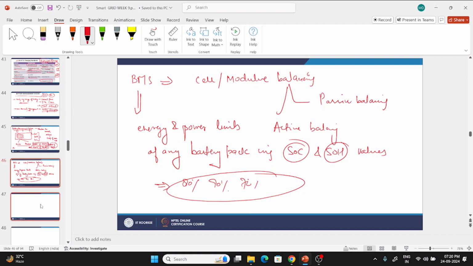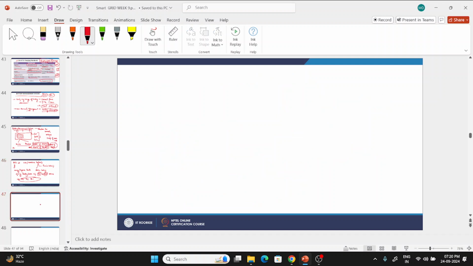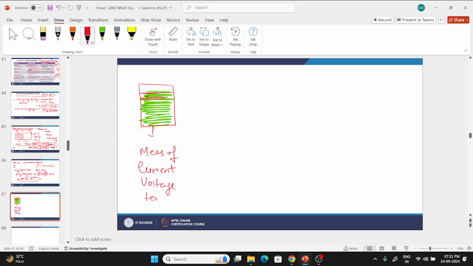There is a schematic of this. This is a battery. First, the measurement of current, voltages and temperature.